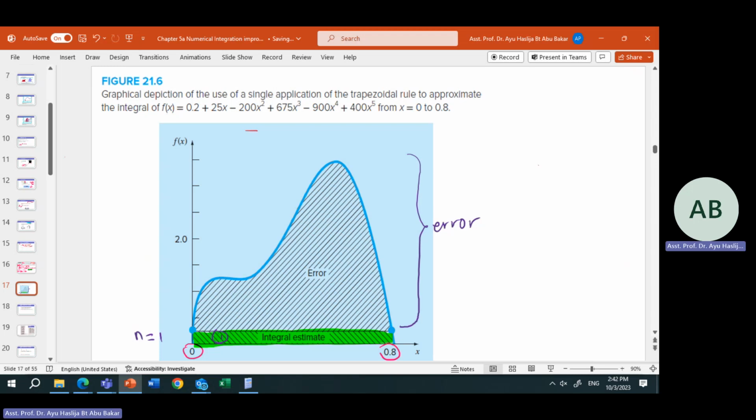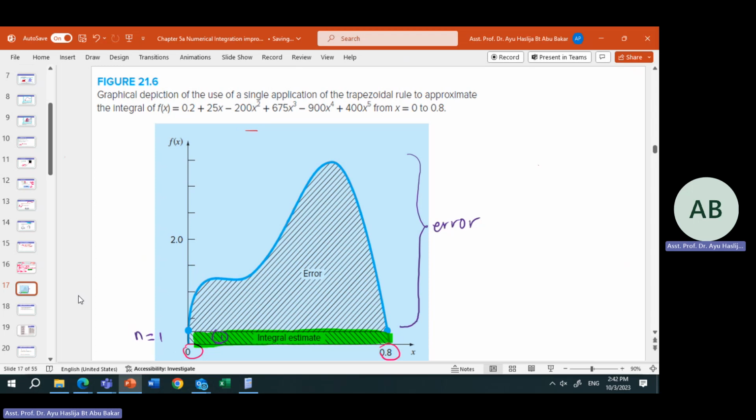Do you understand the concept now? If one segment, the error is very big. Now I'll show you how many segments it requires to reduce the error.